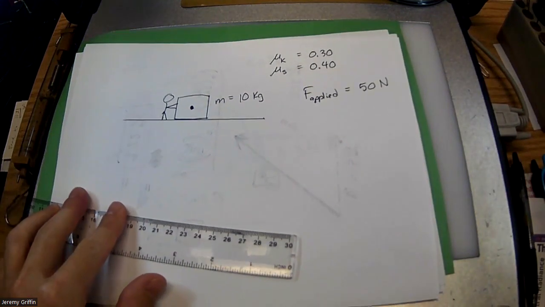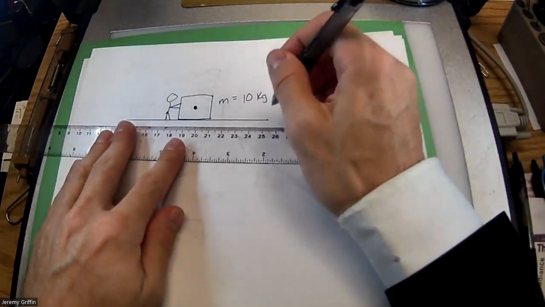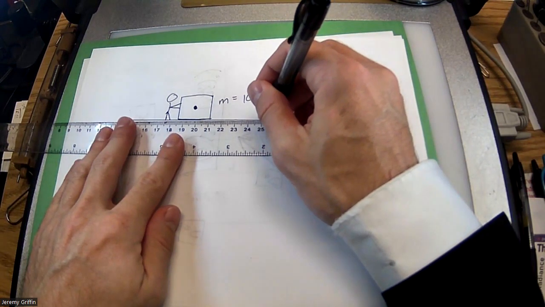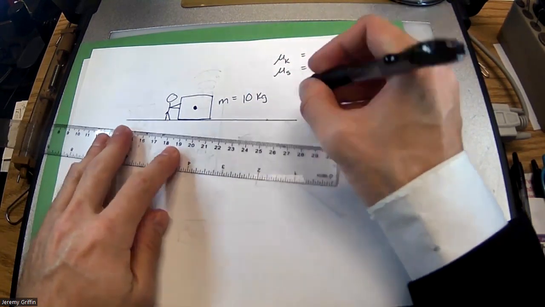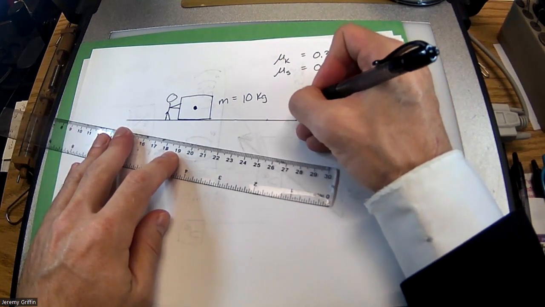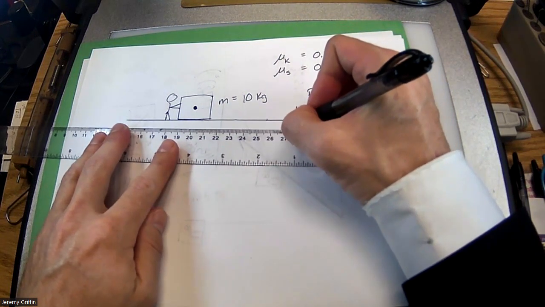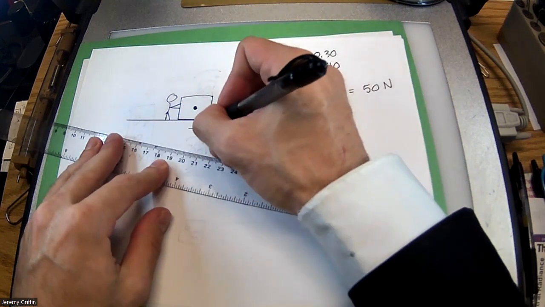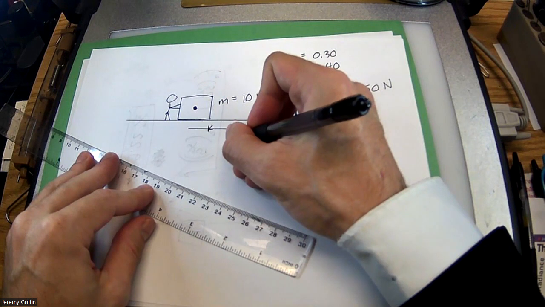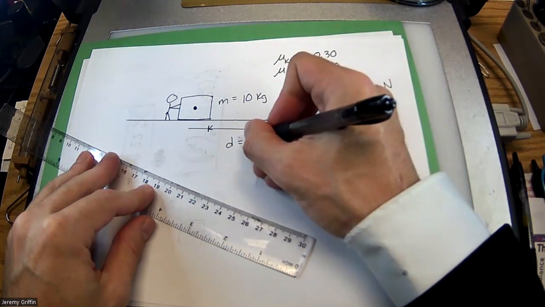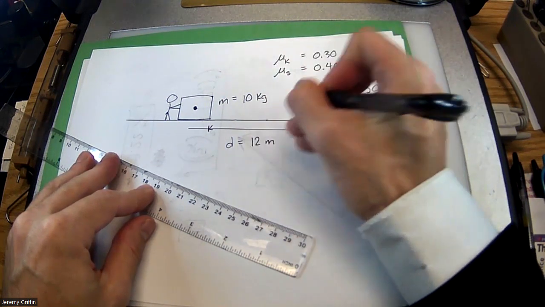And let's do even a kinematic connection here. Let's say there's a wall right here, and this distance from the surface to the wall is 12 meters.